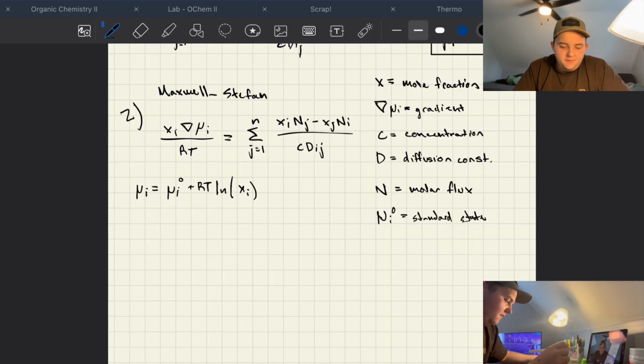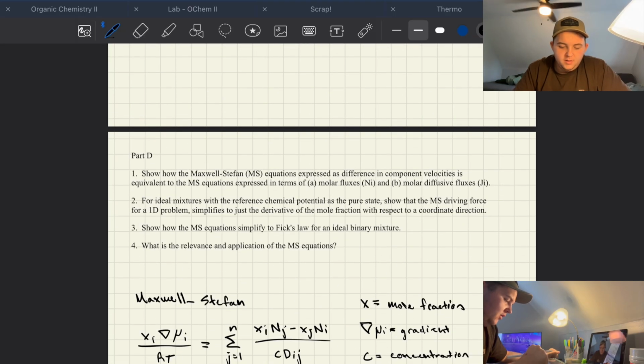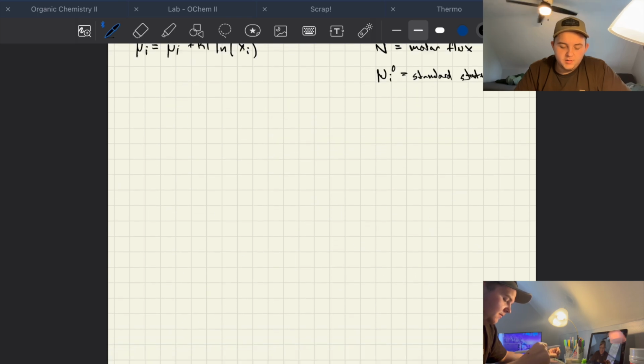Here we just have our question, I should probably read, is for ideal mixtures with reference chemical potential as the pure state, show that the Maxwell-Stefan driving force for a 1D problem simplifies to just the derivative of the mole fraction with respect to coordinate direction.